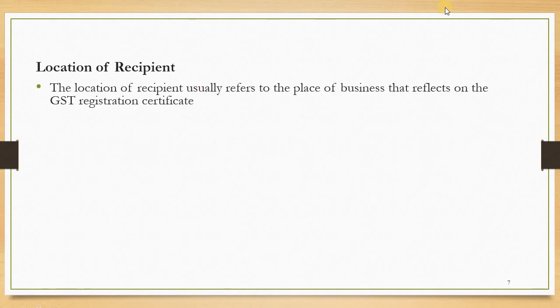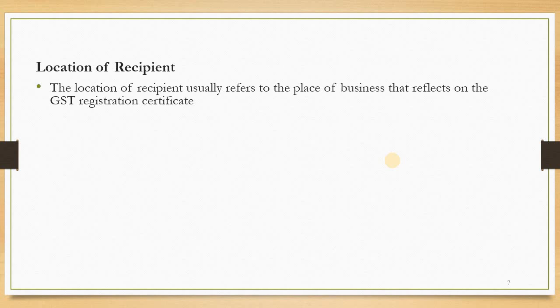Okay, now let's discuss the location of the recipient. In the case of the recipient also, location shall be his place of business mentioned in the GST certificate. That's what GST says. The location of the recipient usually refers to the place of business that reflects on the GST registration certificate.